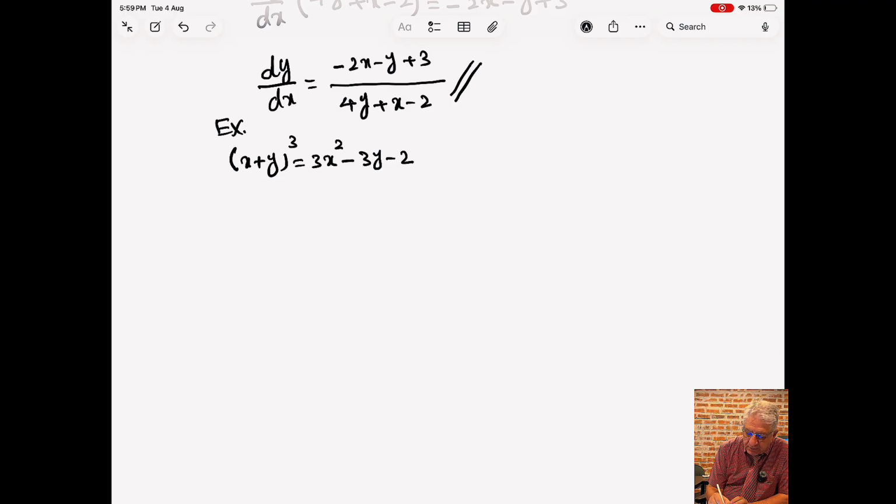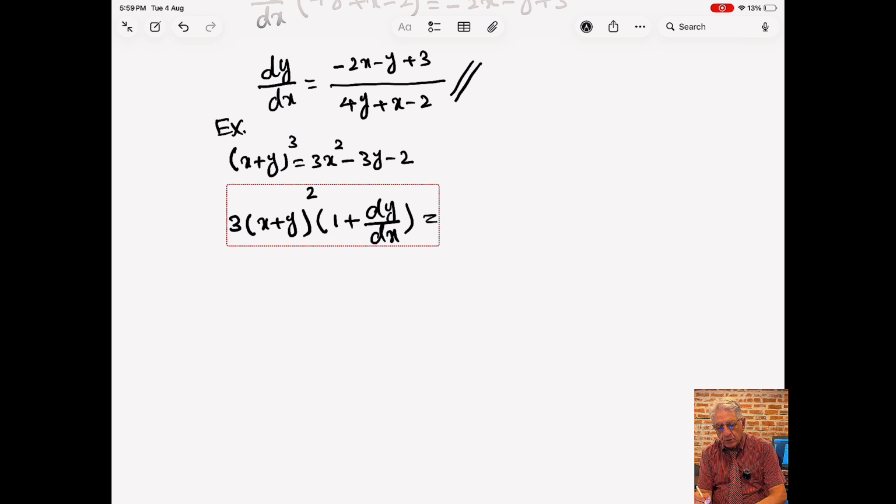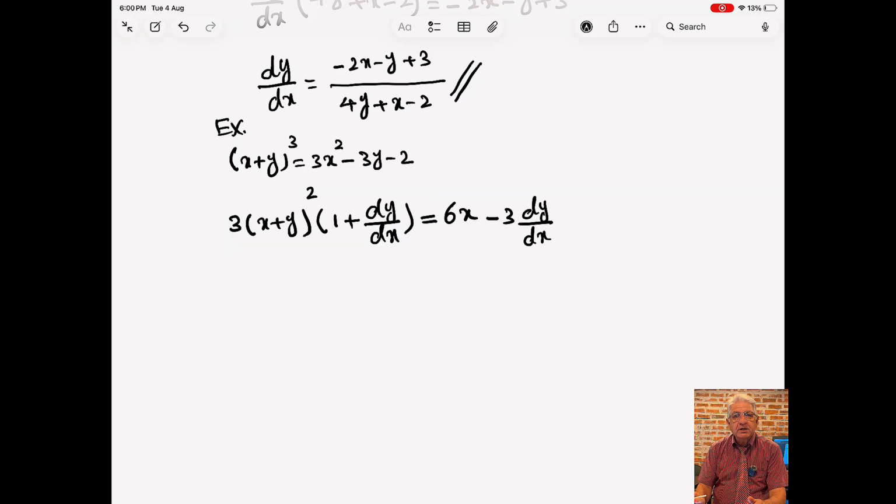Now, we have something to the power of 3. Therefore, the first step is 3 times (x plus y) to the power of 2 times (1 plus dy by dx). And on this side I'm differentiating; you can bring everything to one side, but it doesn't matter. The derivative of 3x squared will be 6x, minus 3 dy by dx, and the derivative of negative 2 will be 0.